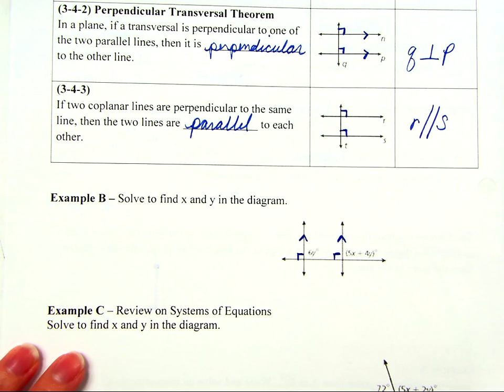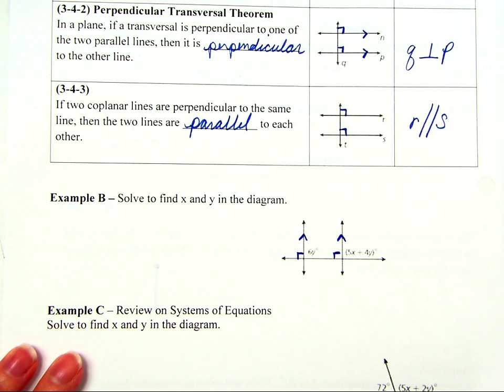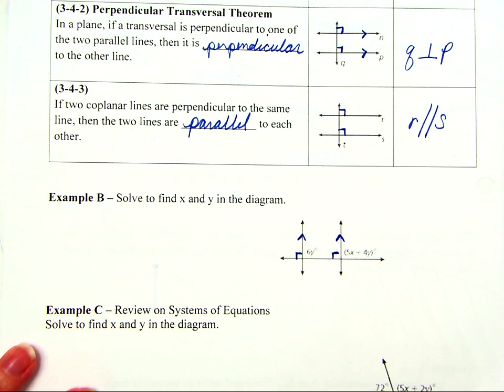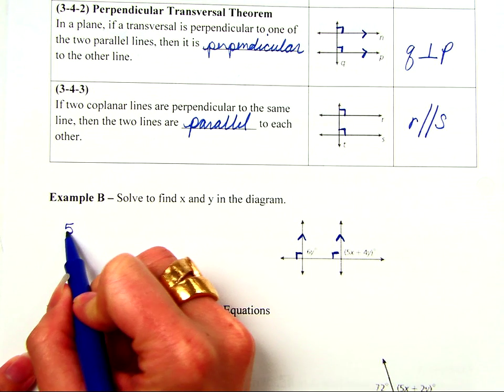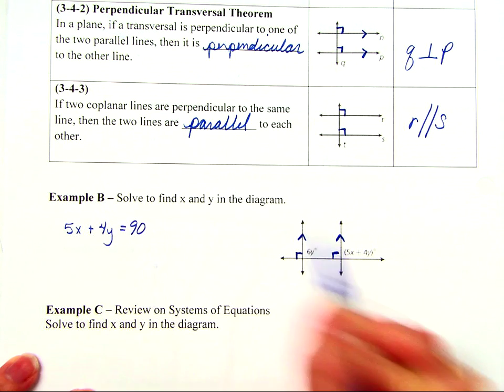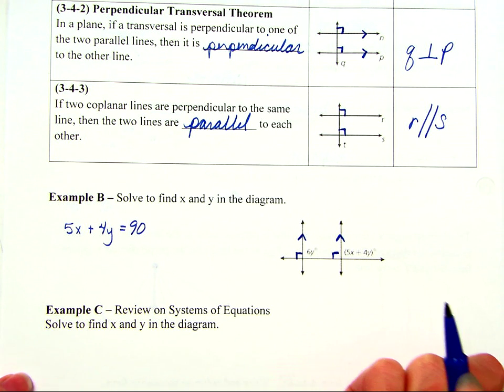And if I looked at my first equation, I might say 6y is going to equal 5x plus 4y. And that's true, but with two variables, I can't do anything to solve. Or maybe we even see that 5x plus 4y is going to have to equal 90. That is also true, but I don't have enough information to solve for x or for y.